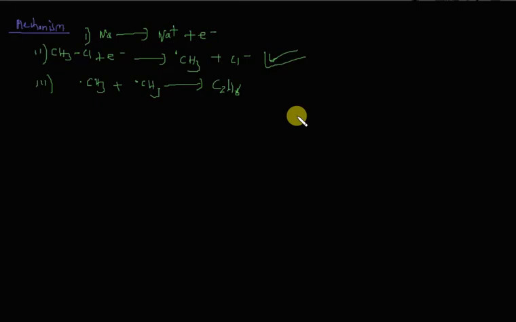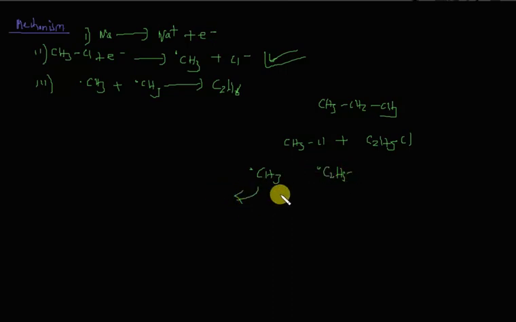Suppose you have to prepare an odd number alkane such as CH3-CH2-CH3. For that you need to take CH3Cl plus C2H5Cl. Now you will have two types of free radical, CH3 free radical and C2H5 free radical. There are three possibilities.